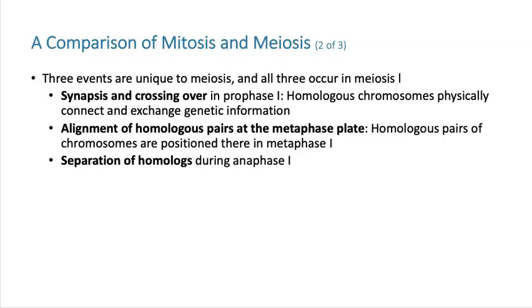Something that's a little less obvious is that the way that those homologous chromosomes align on the metaphase plate during metaphase is random. So these chromosome pairs line up in random positions on that metaphase plate. I'm going to go into more details on that in subsequent slides. And the final thing that's unique to meiosis is that homologous chromosomes separate, and they separate during anaphase 1.